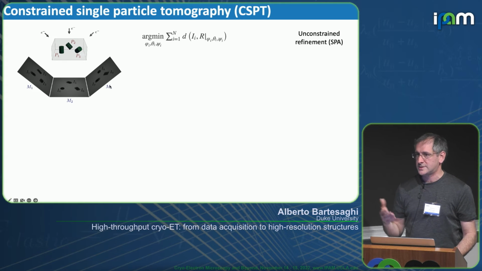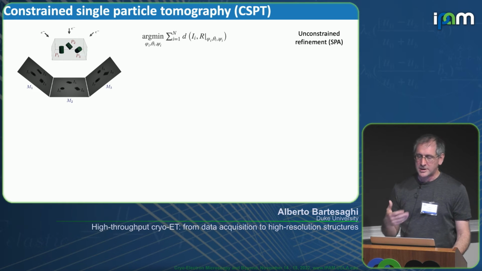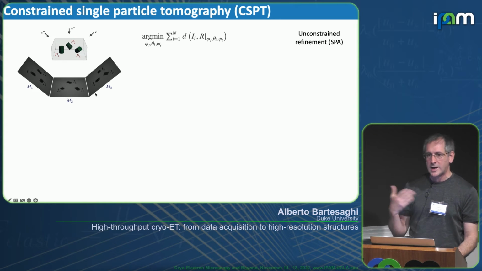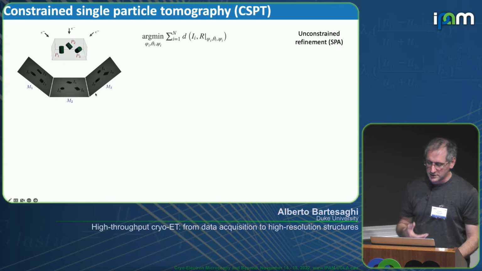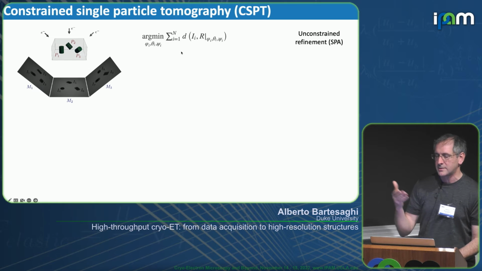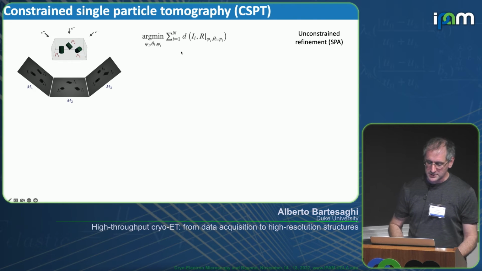And you could do this like in the regular single particle refinement framework, right? In that case, you just cut out your particles here, and then you try to align them to a reference. This is using reference-based alignment. And the way you solve for those poses is you have the sum over all your particles. So I have N, not particles, but N projections, N particle projections. In this case, it's going to be 9 projections.